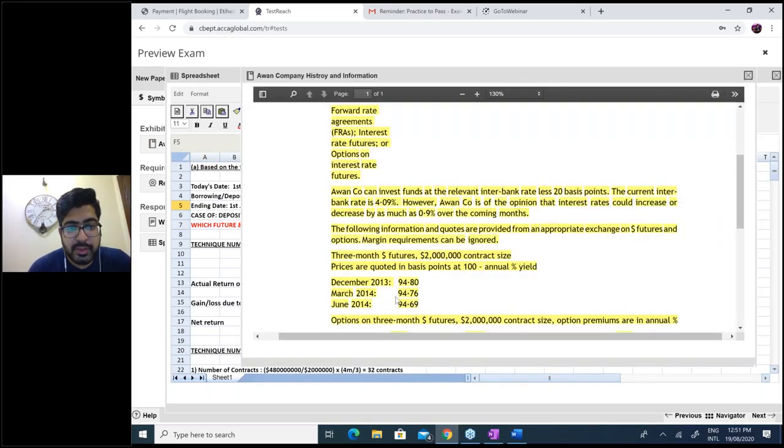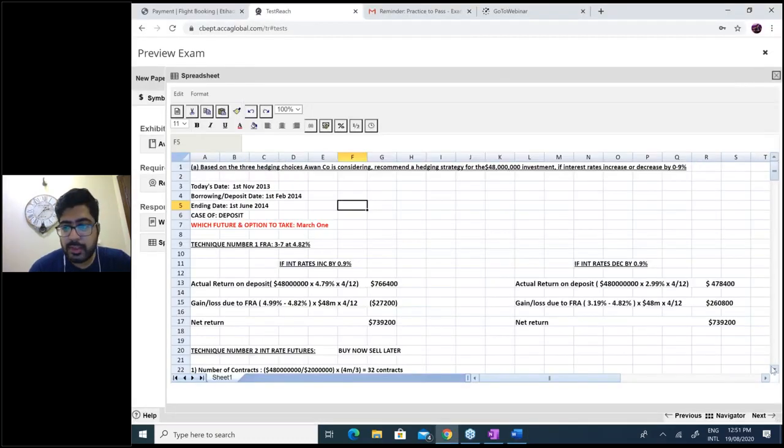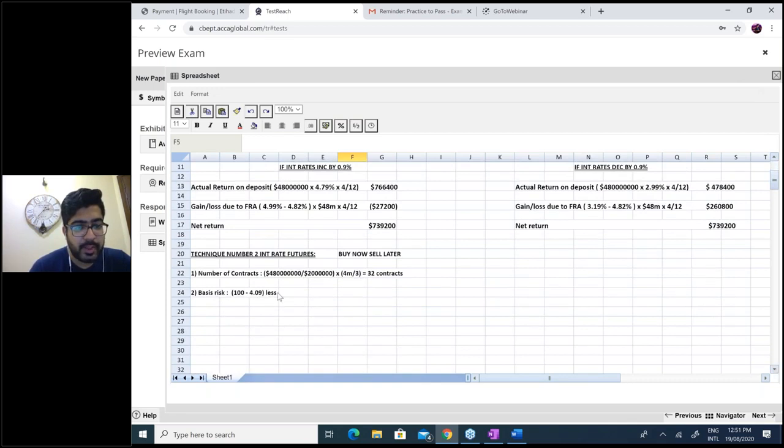The price of March future is 94.76. See, so spot minus LIBOR: spot is always 100 minus LIBOR, 4.09 interbank rate, less futures price. Futures price is 94.76, the March future.